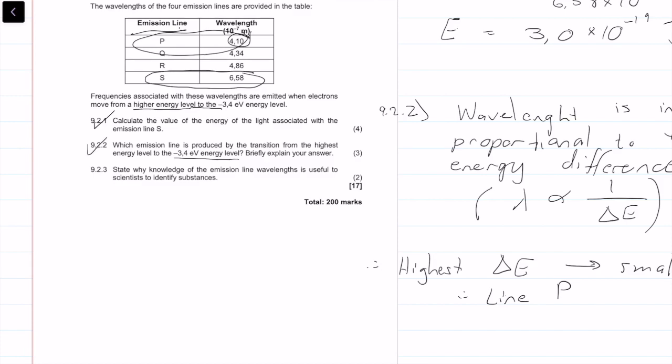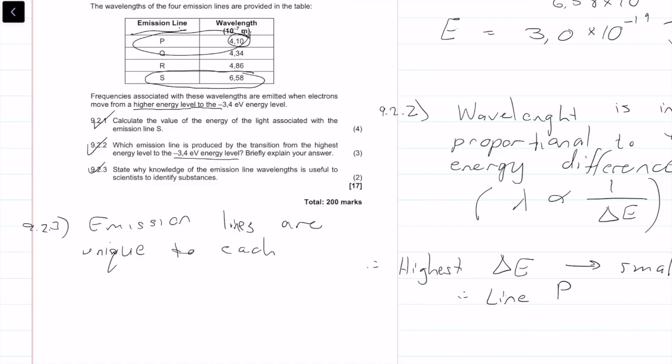Then question 9.2.3, state why knowledge of emission line wavelengths is useful to scientists to identify substances. Again a theory question. Emission lines are unique to each element.